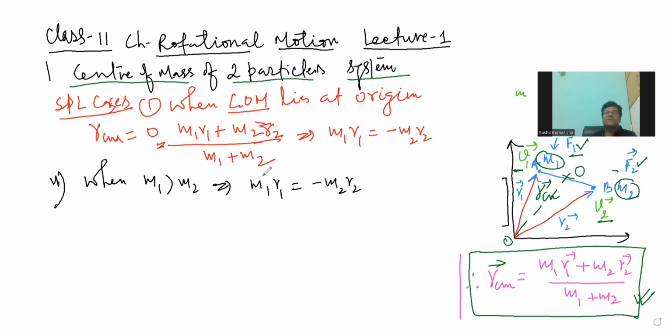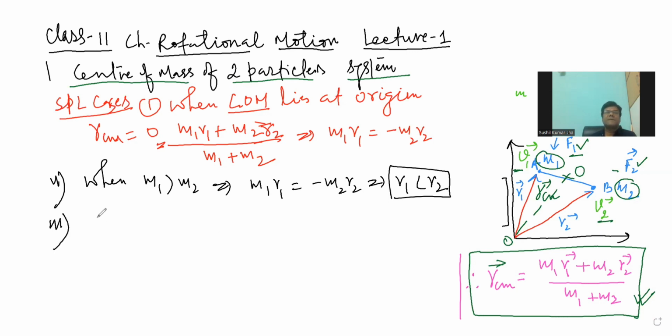Since we are taking m1 more than m2, which means r1 is less than r2, and thus the center of mass is lying closer to m1. So whatever is bigger, the center of mass will be closer to it, which means in the case of the sun and moon, the sun is bigger as compared to the moon, so the center of mass will be closer to the sun.